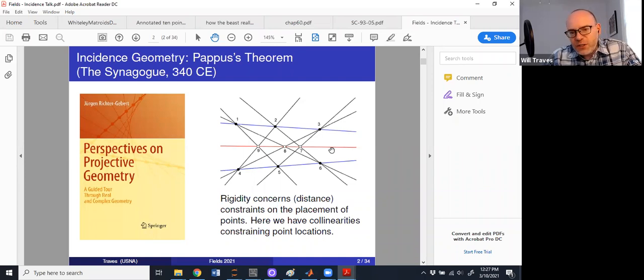It's not a distance constraint, but it's a constraint. It's a different kind of constraint, and it's interesting in its own right. I would like to understand whether there's a way to get a matroid description out of these incidence structures, but I haven't seen one yet.